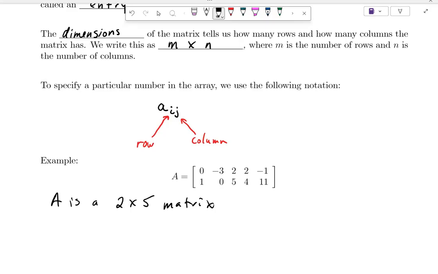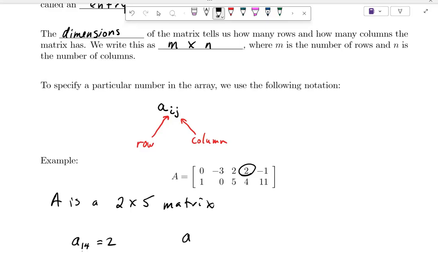If I asked you, what is A sub 1 4? It won't be a negative 1. I think you went over too far. Yes, it's the 4th column, right? So it's row 1, column 4. I'm looking at that number there. It's a 2.